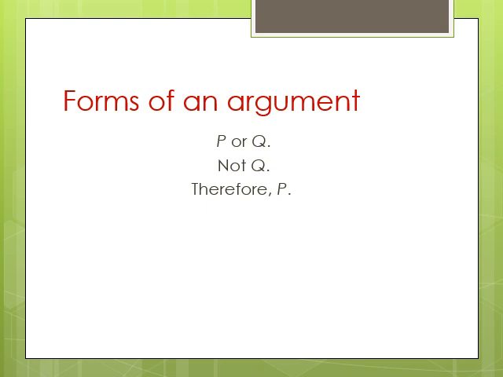First, it keeps us from being distracted by the aspects of the argument that do not affect their validity. You don't need to know anything about weather forecasting or work habits to recognize that arguments 1 and 3 are valid. That is because both arguments have the form showing on the screen, and you can tell that this argument form is valid without even knowing what P and Q stand for.